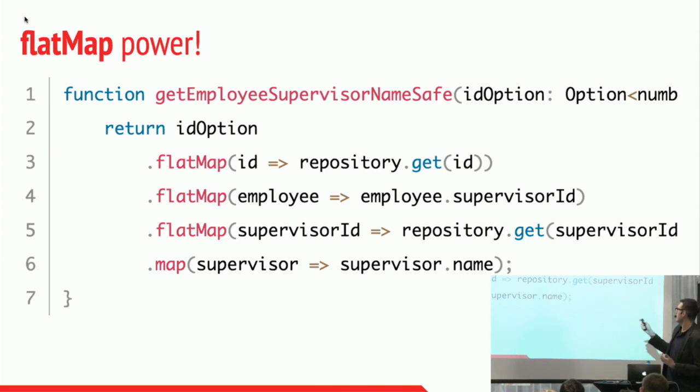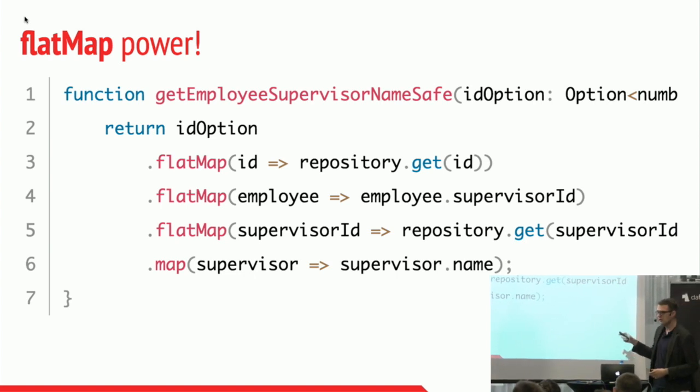We get the employee, then we get the supervisor ID, then we get the supervisor by this ID, and finally we get its name. So we rewrote this ugly piece of code as a series of anonymous functions passed to flatMap and map. We have to use flatMap here because all these things return Options, but supervisor.name returns a string. So that's why it's fine to just use a map.